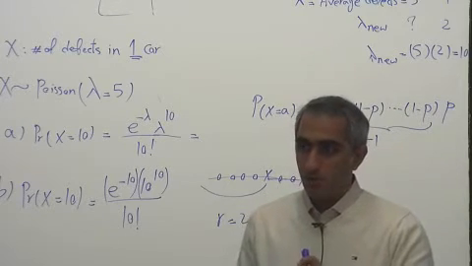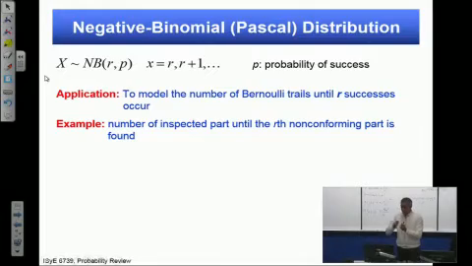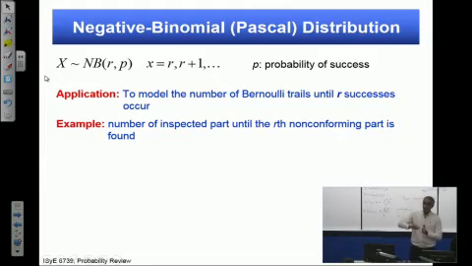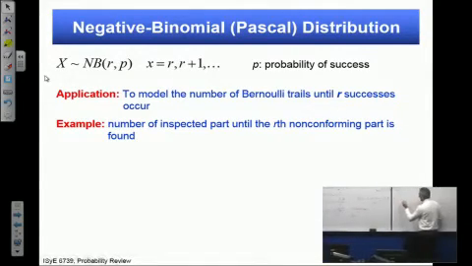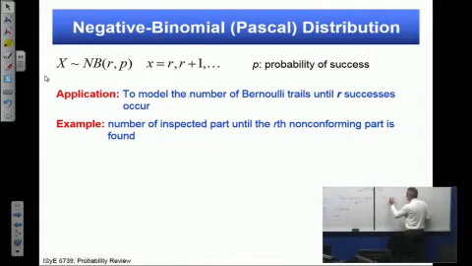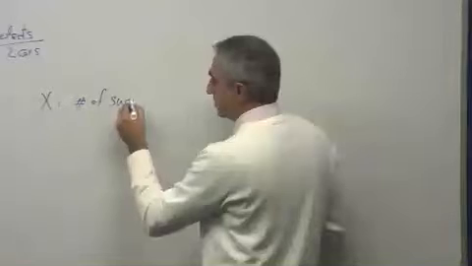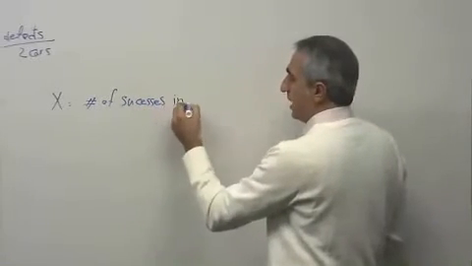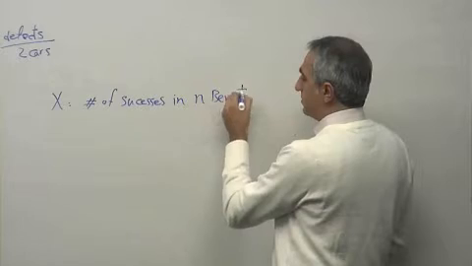So the question is how many experiments you need to do until you observe r successes. Binomial, however, was the other way around. You know how many experiments you want to do, and you want to find the probability of having X successes. If you look at these two, you will understand the difference. Maybe it's good to write it down. Binomial is the number of successes in n Bernoulli trials.